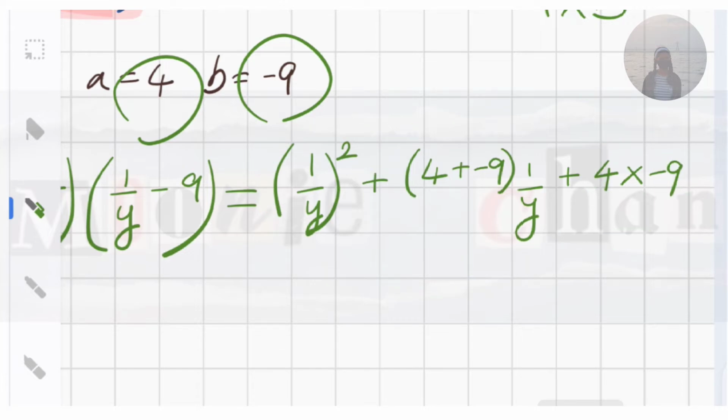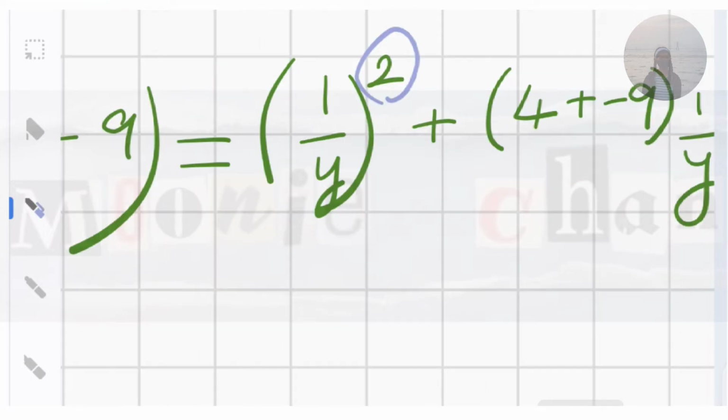We can't just leave it over here. Now this square is outside the bracket of this value. What does that mean? It implies that the square belongs to both the values, which are 1 and y.